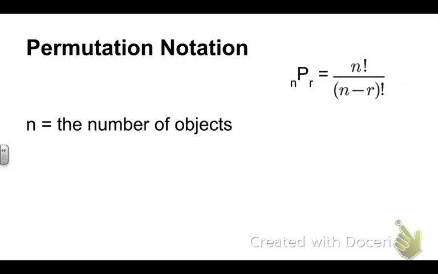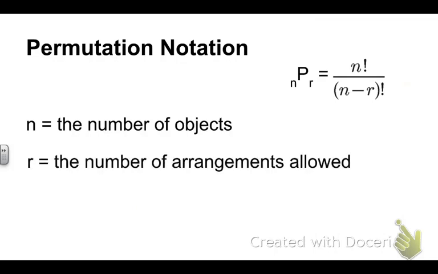That would be the number. And then r is the number of arrangements allowed. Well, there's only 2 places, so your n in this example would be replaced with the number 5 people running, and r, the number allowed, well, there's only 2 places, so r would be replaced with the number 2.